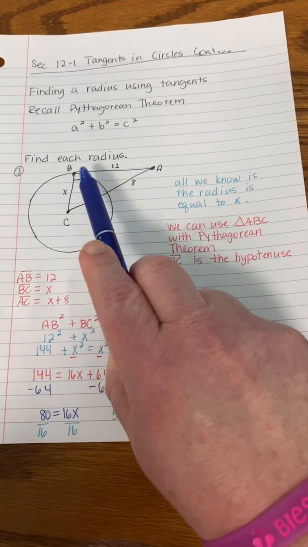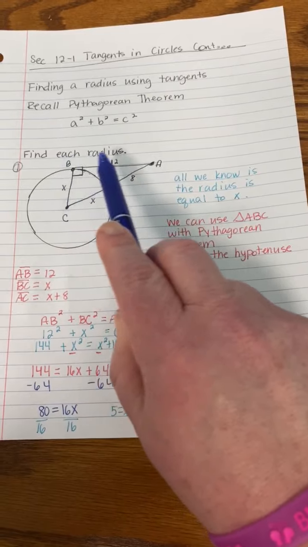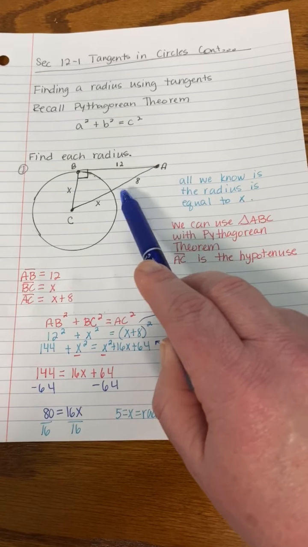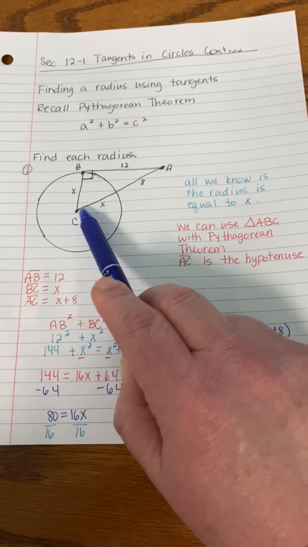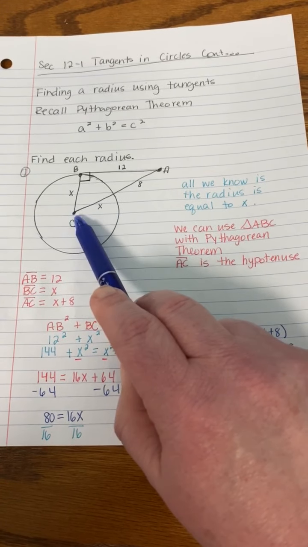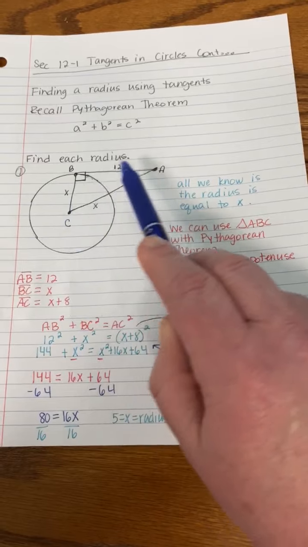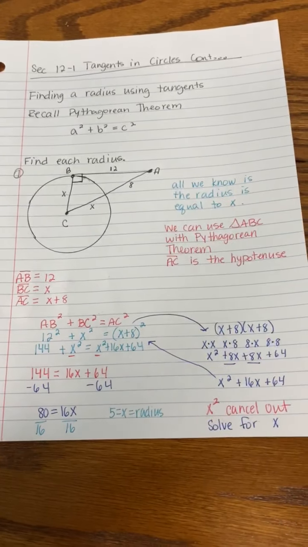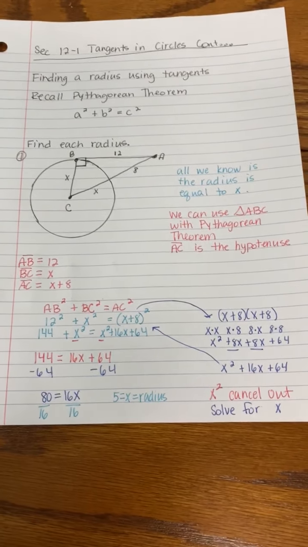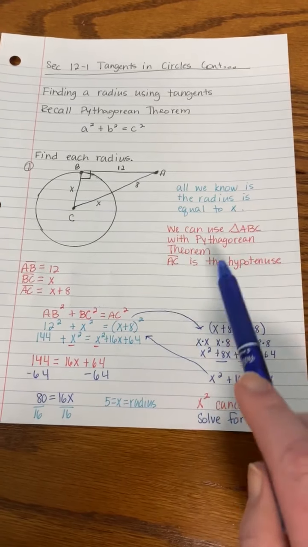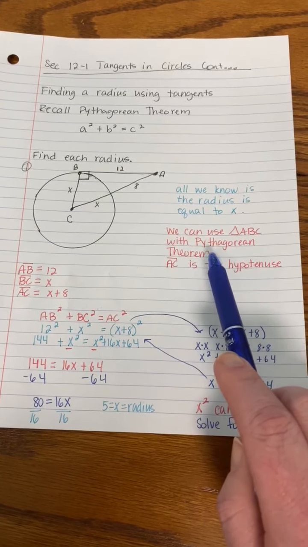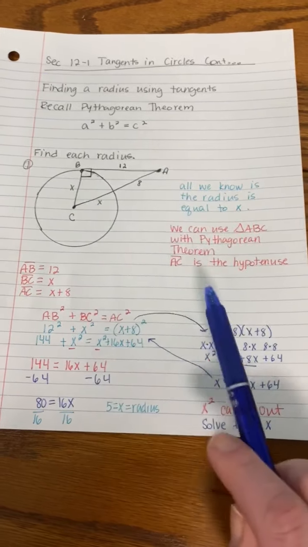I know that this distance right here is 12 from A to B. This distance, I don't have a letter right there, but from here to here is 8. From here to here is x. So when I do the whole thing, I've got to think outside the box to get that whole measurement. We'll talk about that in a minute. All right, so all we know is that the radius is equal to x. We know that we can use Pythagorean theorem because of that right triangle.